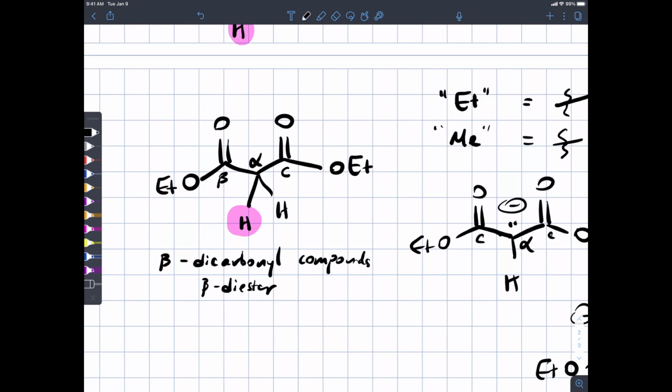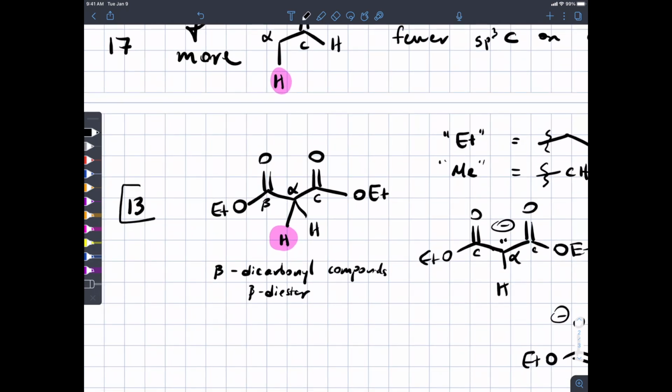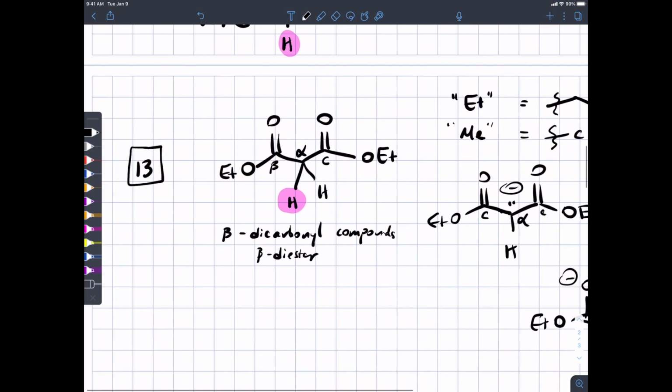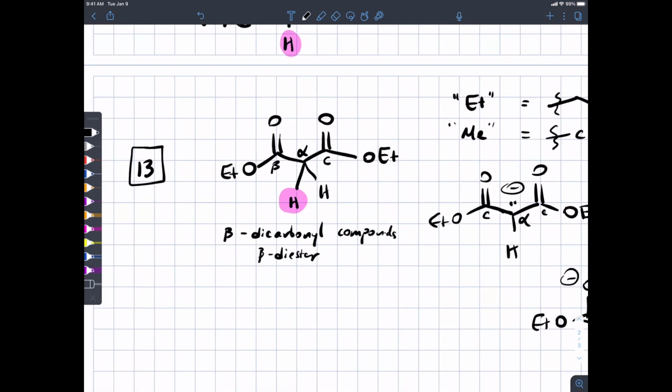And notice this pKa of 13. That starts to be acidic enough that the alpha proton of this beta diester can be completely removed by hydroxide or some alkoxide.